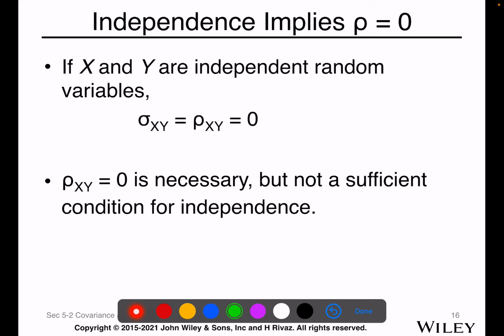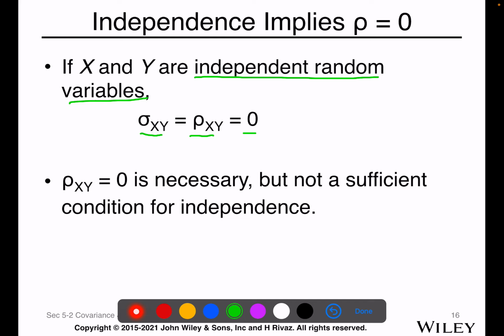So we talked about correlation, right? And correlated and uncorrelated random variables. And today and many times before, we had talked about independence, right? These are two different things. They don't mean the same thing, right? So if x and y are independent random variables, then covariance and correlation, both of them are zero, right?